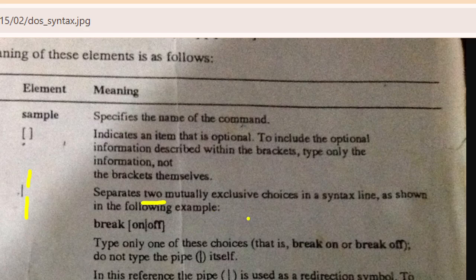It depends on the programming, because sometimes there are 10 mutually exclusive choices, but they are split by the bar. Especially in MySQL, there's a lot of brackets. See, the bracket is inside.